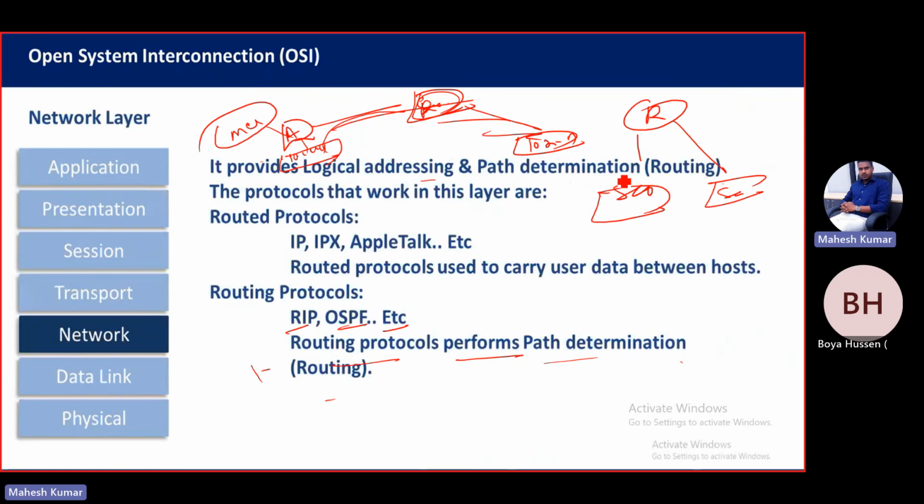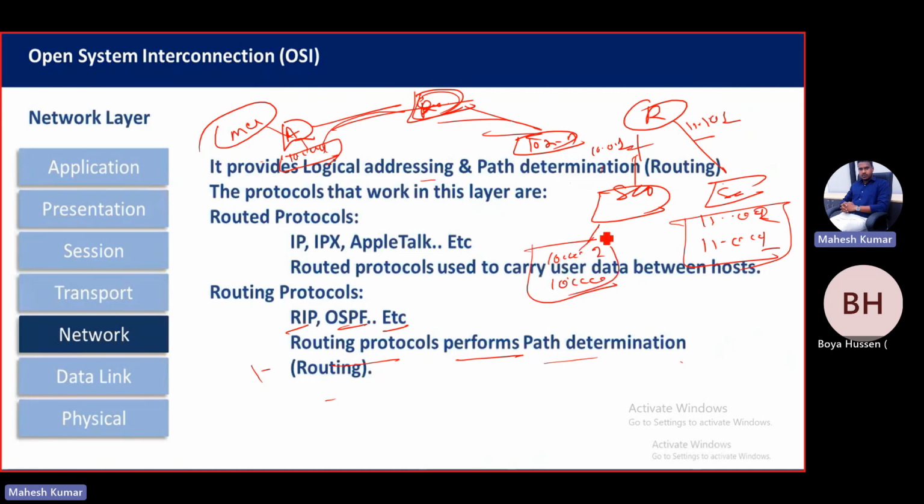This interface we are providing 10.0.0.1, and this interface has 11.0.0.1. Both are considered private IPs. This PC is using 10.0.0.2 and the gateway will be 10.0.0.1. This PC will use 11.0.0.2 and the gateway will be 11.0.0.1.